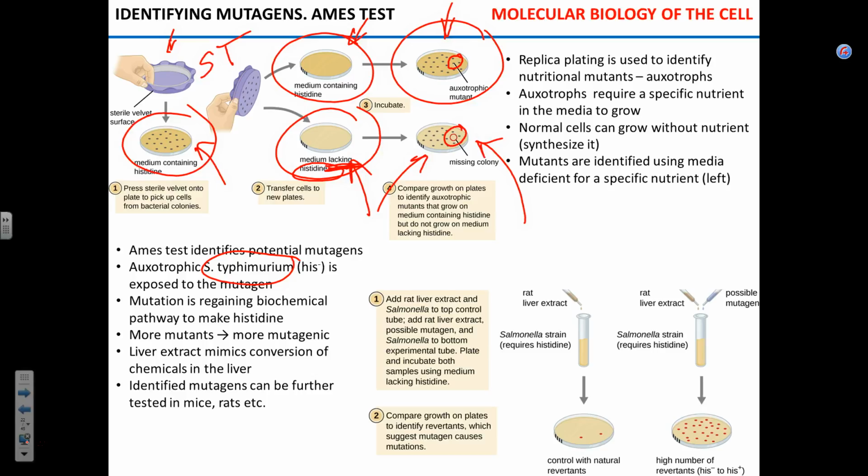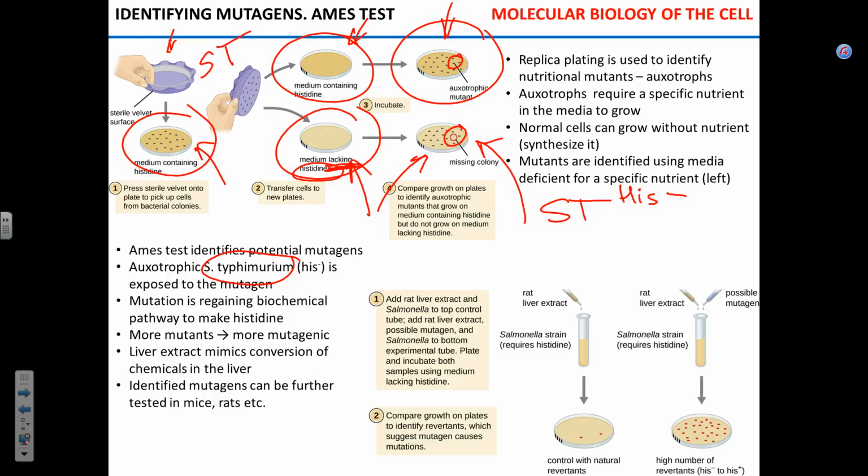Does it make sense? We pretty much exclude the wild types and then can identify the histidine negative mutants. That makes sense how we identify it? So we finally have the strain of Salmonella that is histidine negative, does not produce histidine. It's a mutant. Does it make sense?